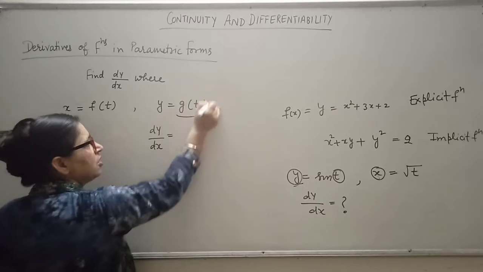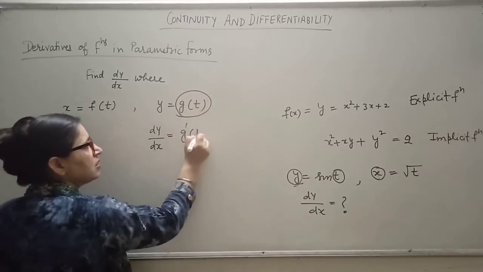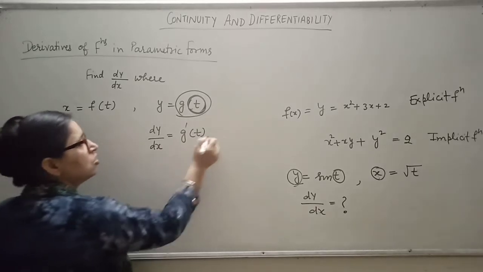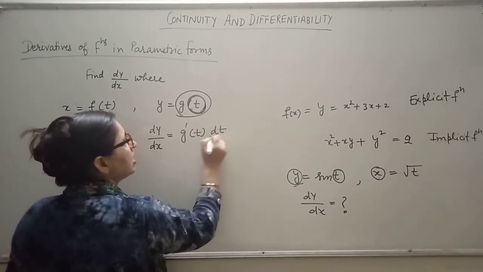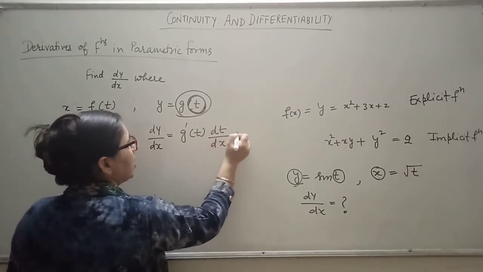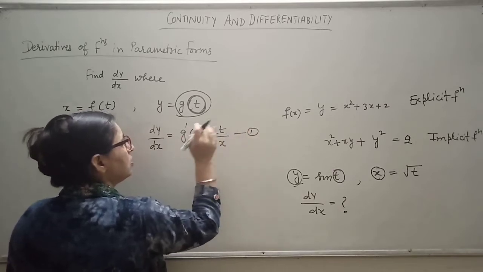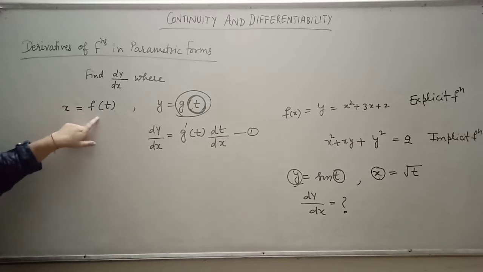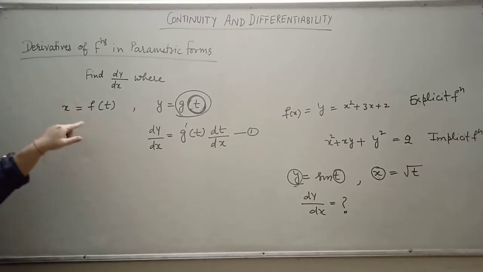So it will be differentiating this, but this variable is given in terms of t. So I will differentiate t with respect to x, and I need to find the value of this dt by dx. The relation of x and t is here, so I can find dt by dx from here.